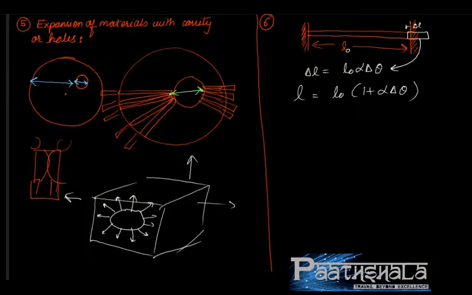But we don't have that length. So this rod is experiencing strain. It is experiencing compressive force. It is experiencing compressive strain. So the delta L that it experiences is L naught alpha delta theta. Therefore, delta L by L is equal to alpha delta theta, right?